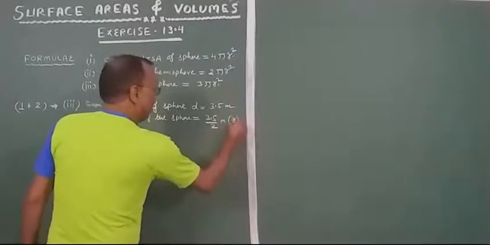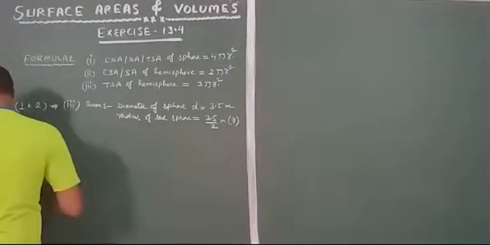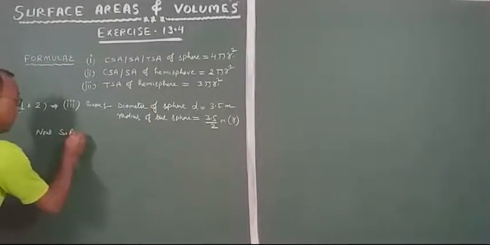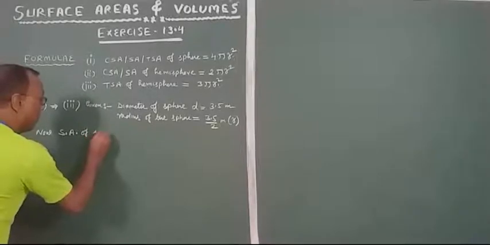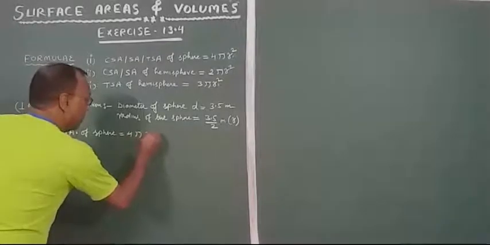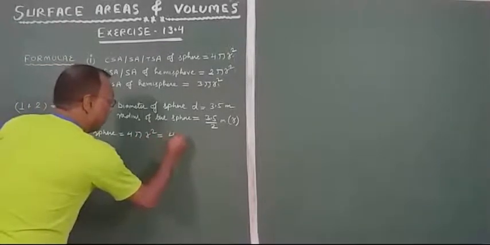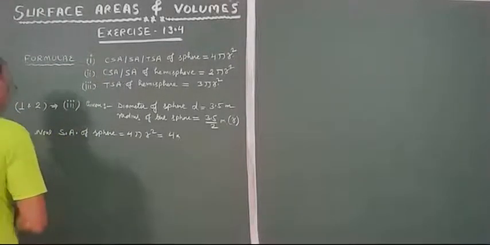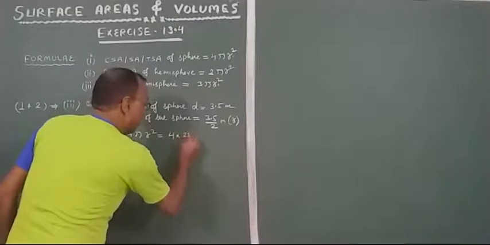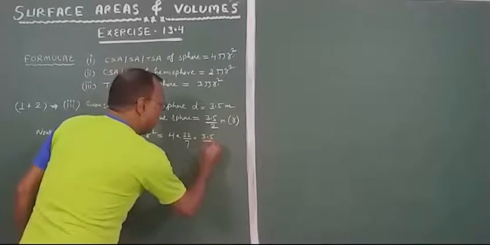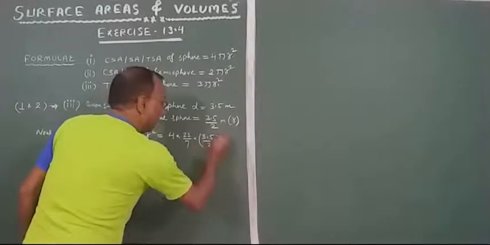This is R. The question is to find the surface area of the sphere. Surface area of sphere is given by 4 pi R square. Pi is not mentioned in this question, so it will become 4 into 22 upon 7 into 3.5 upon 2 whole square.